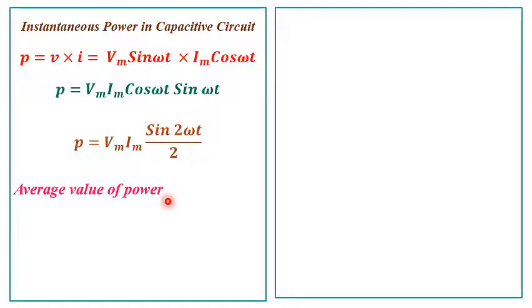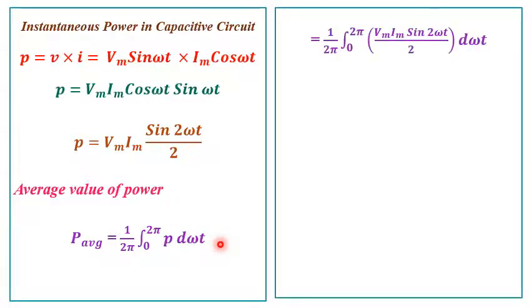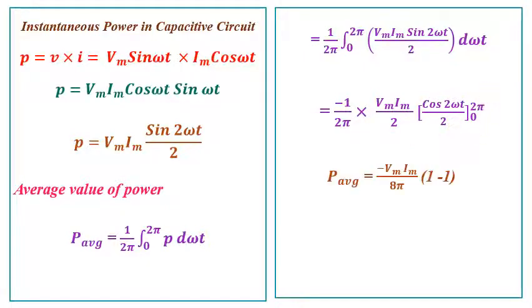So we have to find the average value of power: P average is equal to 1 by 2 pi integral from 0 to 2 pi of P d omega t. Substituting for P and integrating from 0 to 2 pi, we get minus 1 by 2 pi times Vm Im by 2 times cos 2 omega t by 2, with limits ranging from 0 to 2 pi. Applying the limits, we get average power as 0.